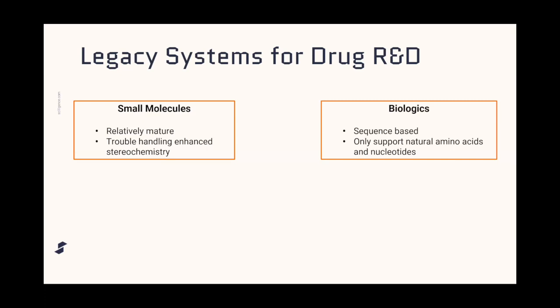These generally tend to be sequence-based, and for the most part, they only support natural amino acids and nucleotides. One of the challenges that we face is simply the integration between these two types of legacy systems. Oftentimes, what we see is that they do not integrate well, and companies either need to purchase one or the other or both systems for their respective departments in chemistry and biology.